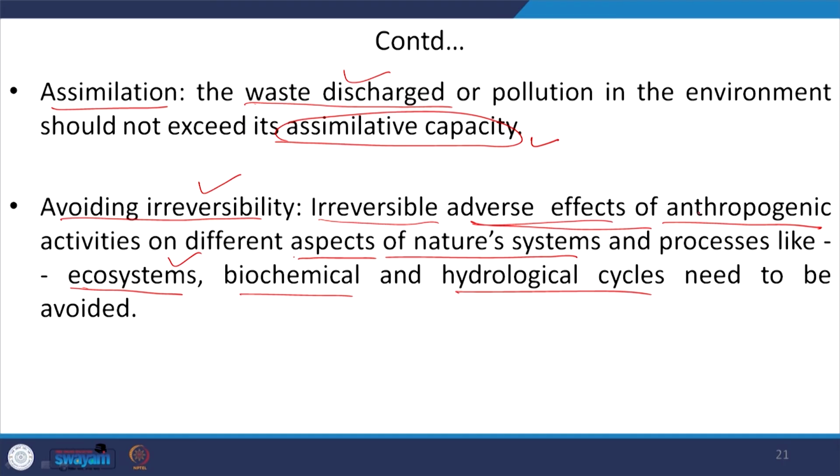So, if the anthropogenic activities are adversely impacting these systems, processes and cycles, however, they can be reversed back. It can actually be turned into the original state. Then even although these activities are impacting, this change on these systems can be revived or attained back to its original state.